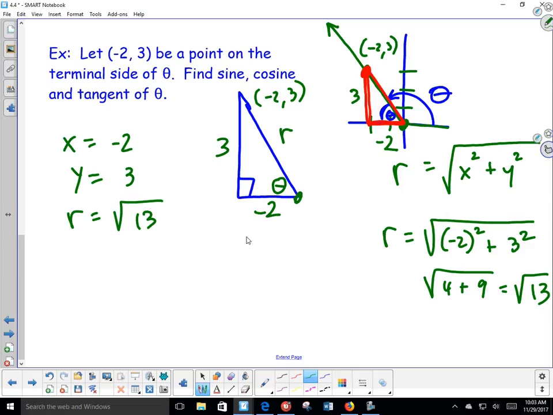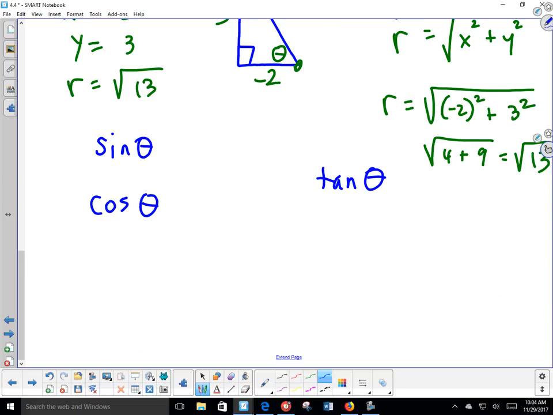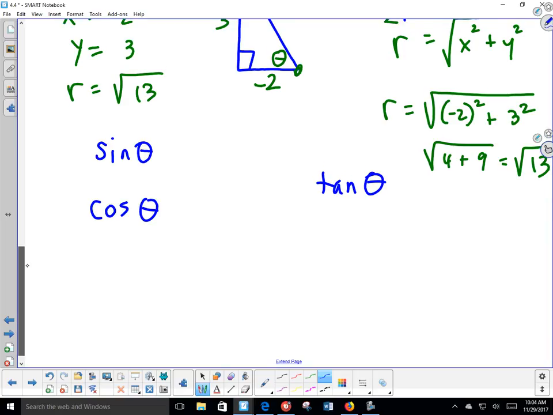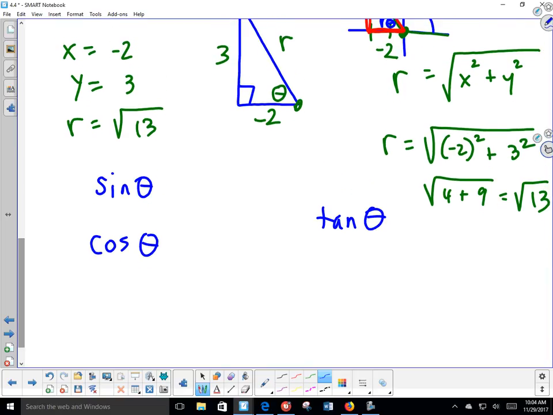At this point, we're going to use those formulas that we just learned to find the sine of angle theta, the cosine of angle theta, and the tangent of angle theta. A little help with that here. Ryan, what's our formula for sine?